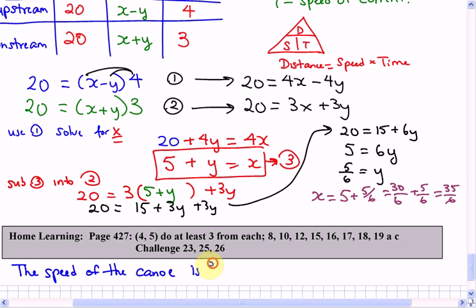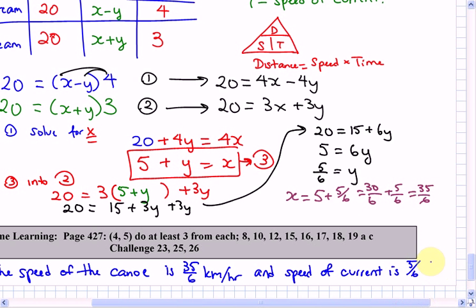So that's 35 over 6, and I guess this is kilometers per hour. And the speed of the current must be 5/6 of a kilometer per hour, which is, well, that makes sense, right? Water, pretty slow. There you have it, 7.4 in a nutshell, done.